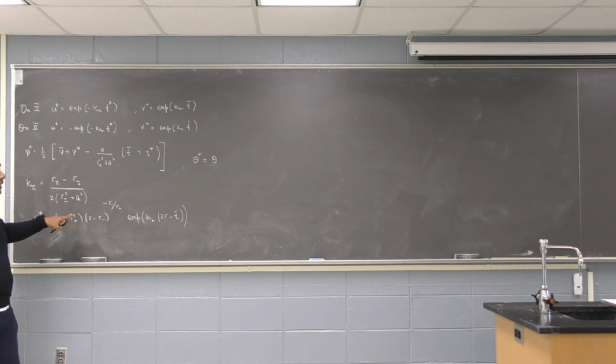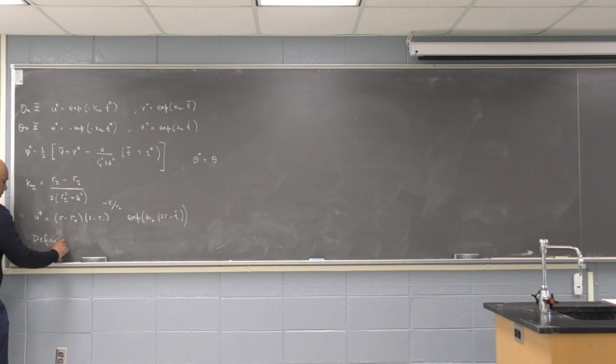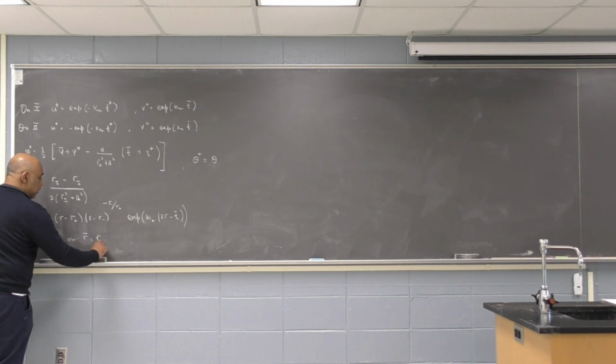So it smoothly connects. So although blocks 1 and 2 don't include r plus, these coordinates can be extended to, I should say defined on, r bar equals r plus.